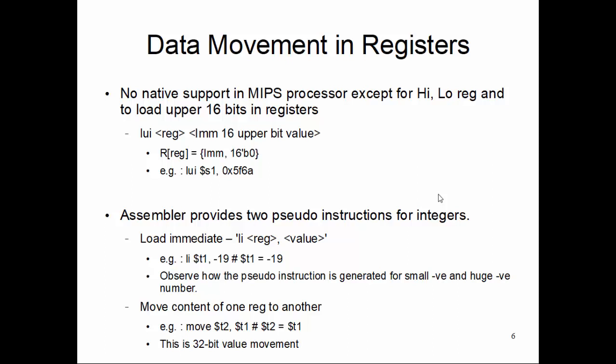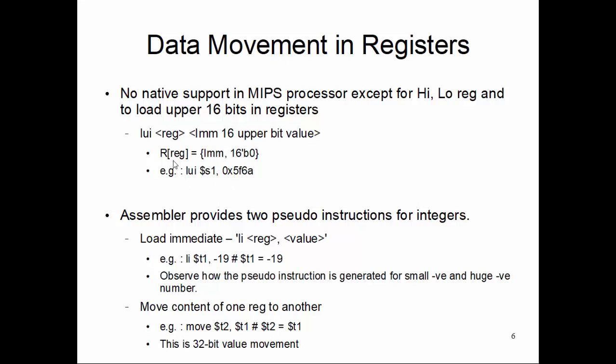So let's talk about load upper immediate. What it does is this: the format is lui, a register name, and an immediate 16 upper bit value.